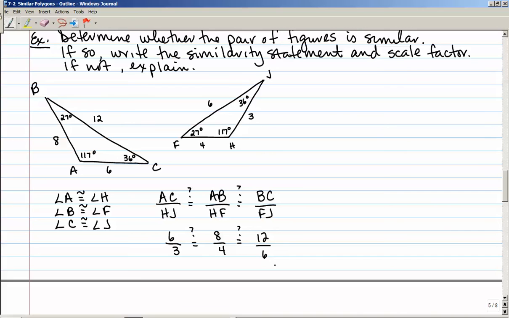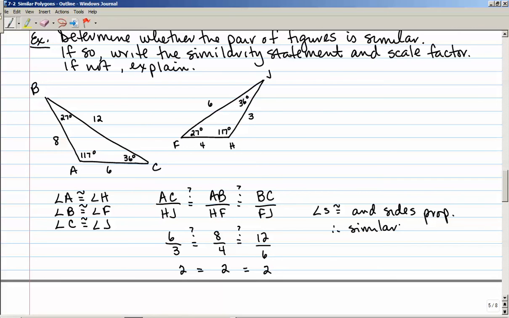So are all of those fractions equal to each other? Indeed they are, because they all come out to be 2. So yes, these triangles are similar. We have angles congruent, and the sides are proportional. Therefore, they are similar triangles.